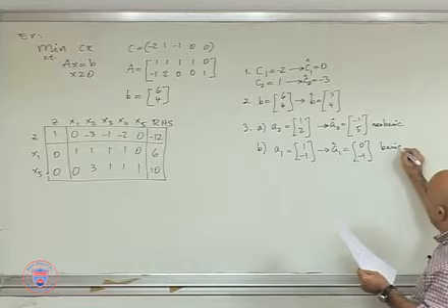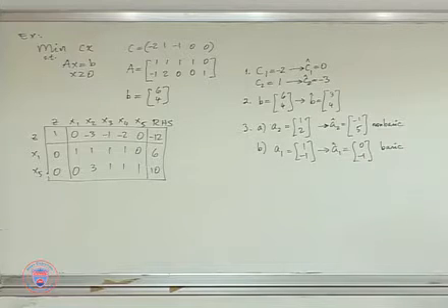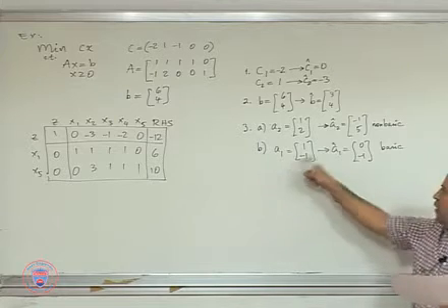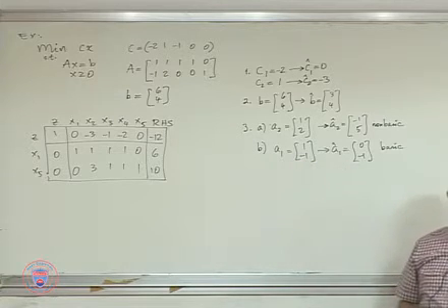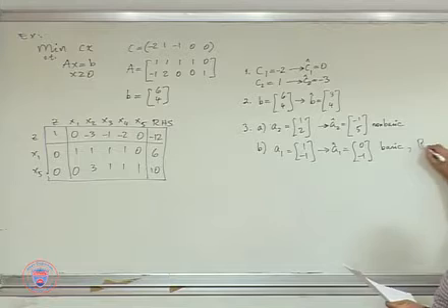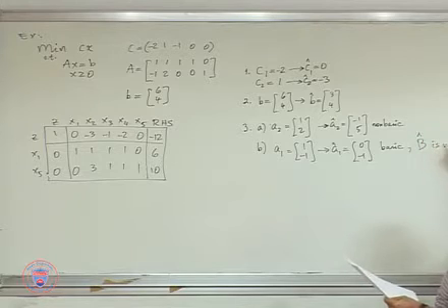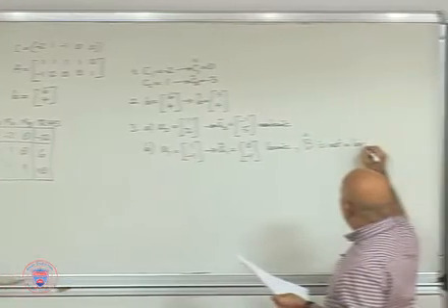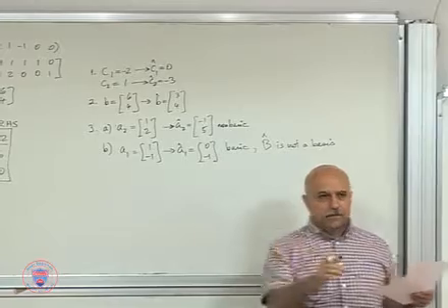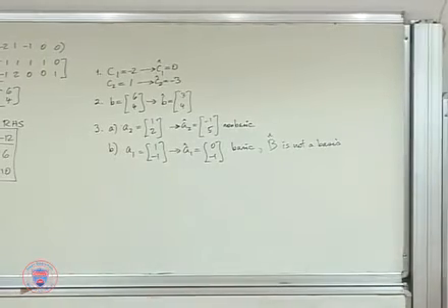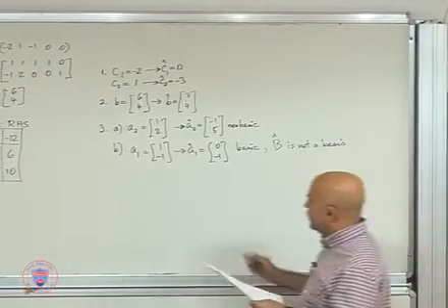This is a basic column, and it will turn out that the new matrix B cap, when you replace A1 with A1 cap, is no longer a basis. B cap is the version of B with A1 replaced by A1 cap.